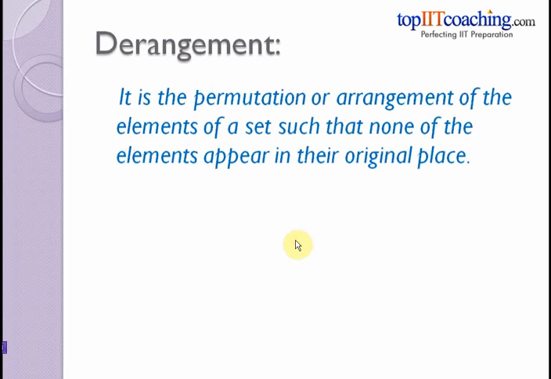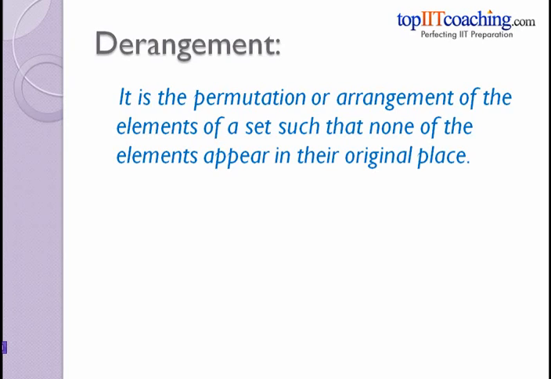It is the permutation or arrangement of the elements of a set such that none of the elements appear in their original place. It means that if we have 4 objects A, B, C, D, and we have 4 groups A, B, C, D, such that A belongs to group A, B belongs to group B, C belongs to group C, and D belongs to group D.